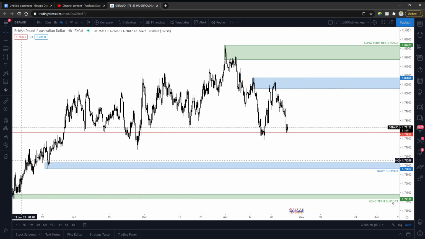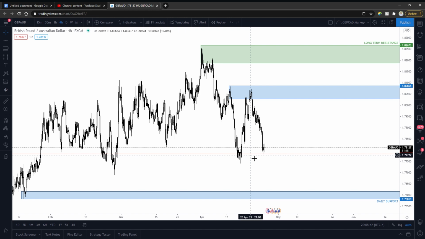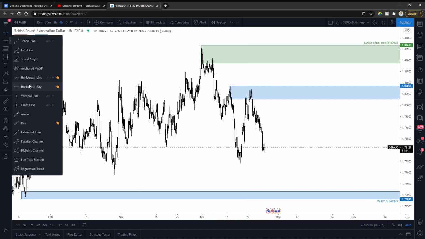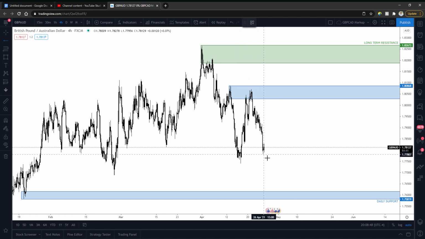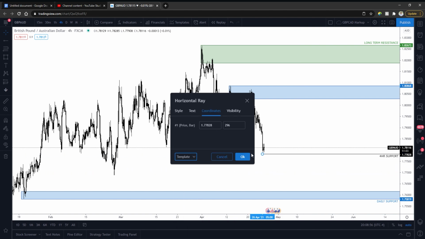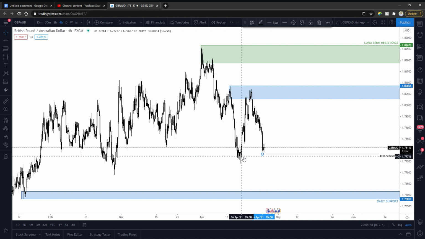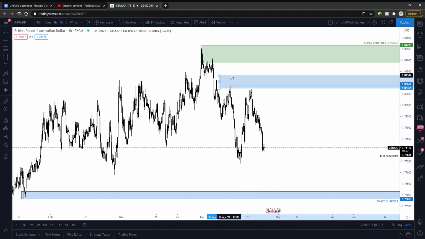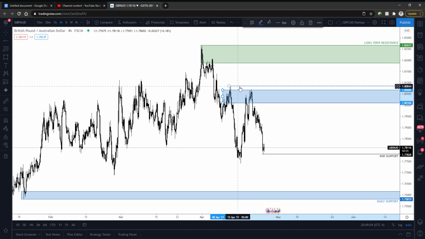So I'm going to get rid of this and grab my horizontal ray, and here. And then I'm going to change this to 4-hour support. Yeah, actually, I'm going to move this. I know I'm not supposed to, but I'm going to move this.